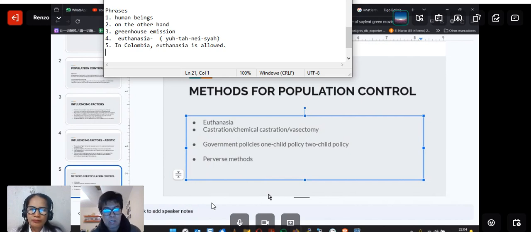We will see this kind of perverse methods, and I guess it's not just in Peru, but in other countries.